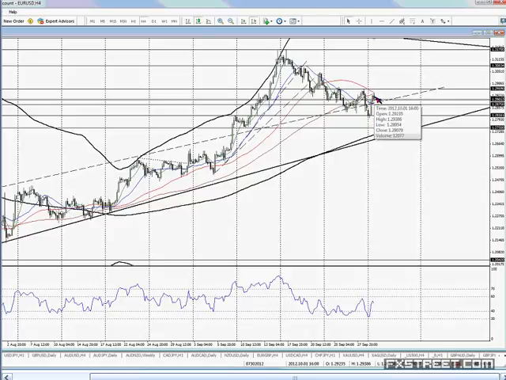But I think, until the market breaks above 1.2960, the short-term mode is still bearish correction. Okay, and I think there is still further downside towards 1.2750, and possibly even a little lower to test this rising trend line.